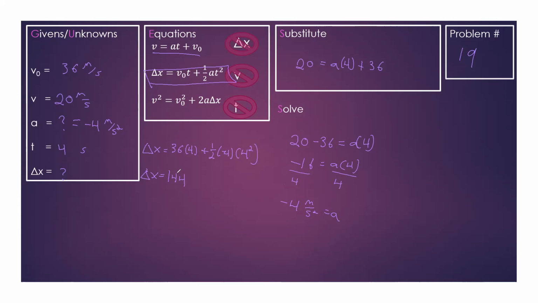Again, too late for me to be doing mental math. Yeah, 144. Minus, because I'm multiplying by a negative here, negative 4 times half is going to be negative 2 times 4 squared is going to be 36, because 16 times 2 is 32. Yeah. And then 144 minus 36 is going to give me 108 meters.